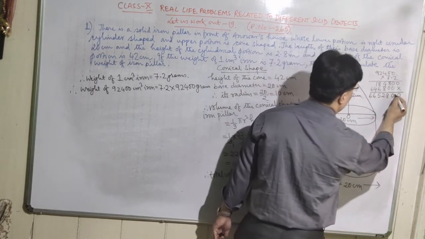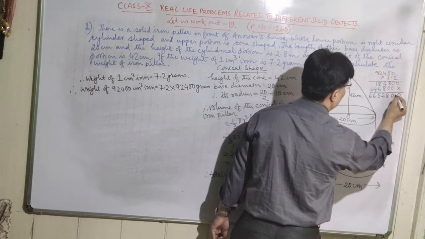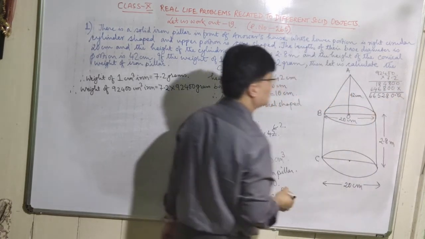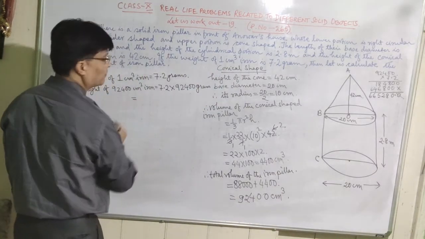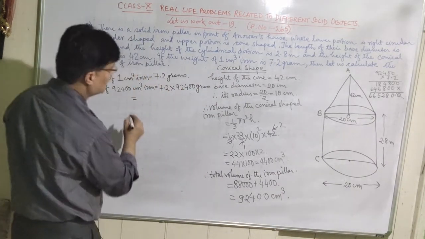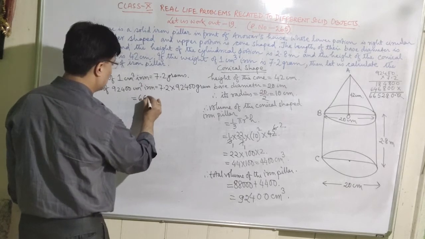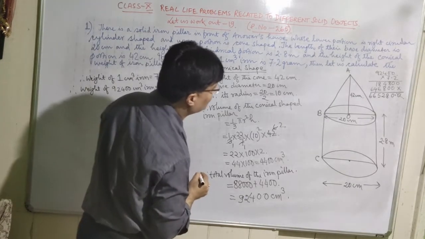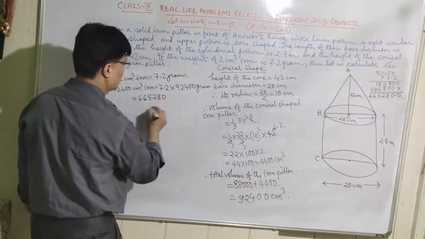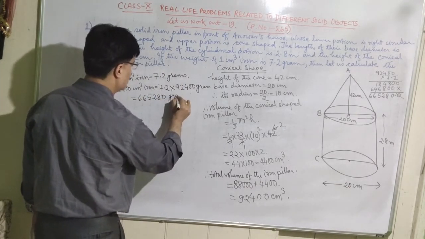Okay. So after decimal point there is only one figure. This 0 gets cancelled. Is that clear? So which is equal to 66528, 0. This is grams.